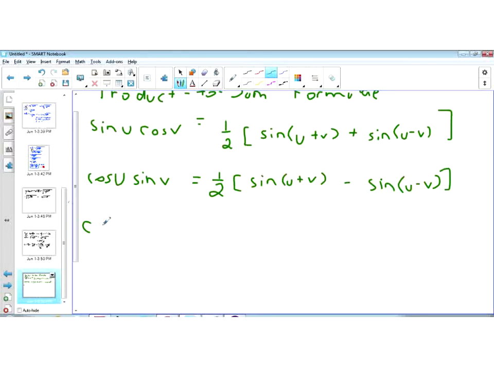Okay, then we have the cosine of u times the cosine of v. Okay, so that would be 1/2 times the cosine of u plus v plus the cosine of u minus v.